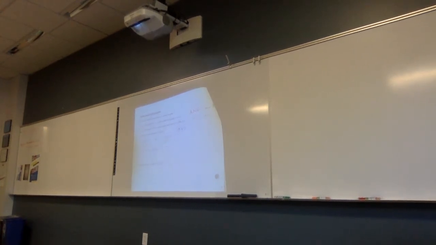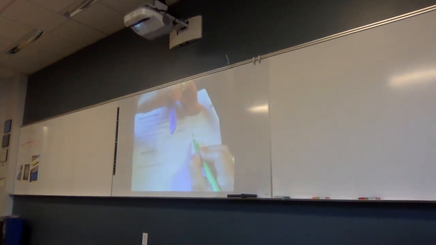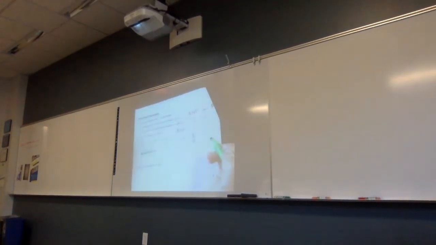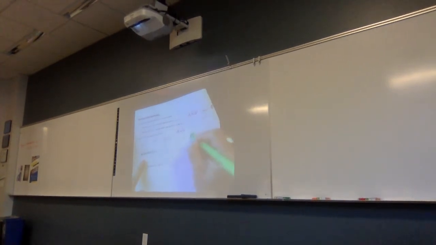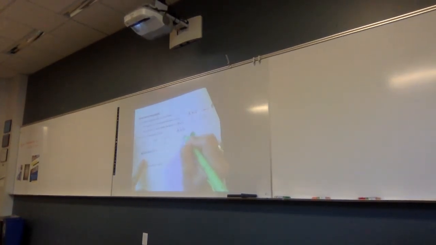Do we need to graph them separately? I think we're going to have to graph it. Okay, so I'm at negative 2. What's happening at negative 2 for this? Closed circle.